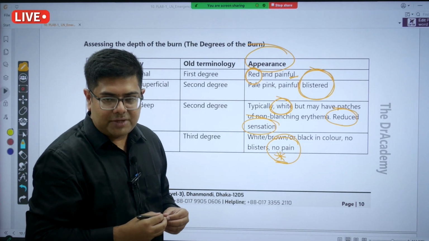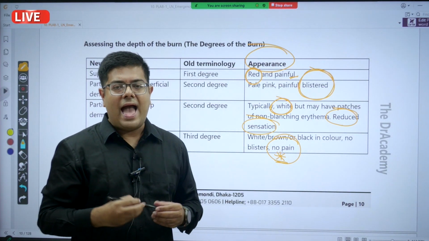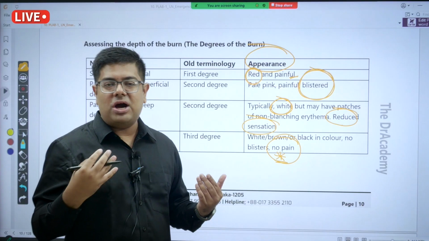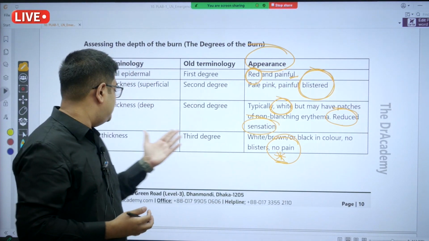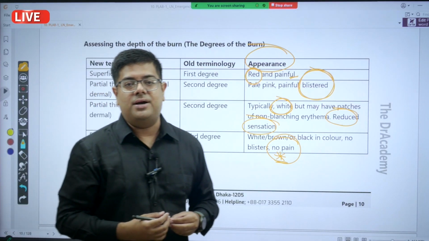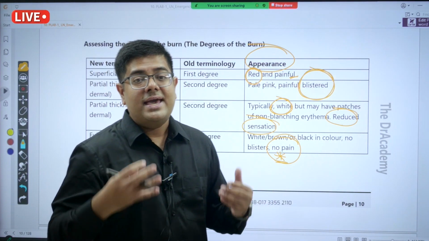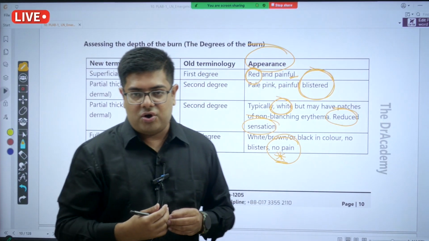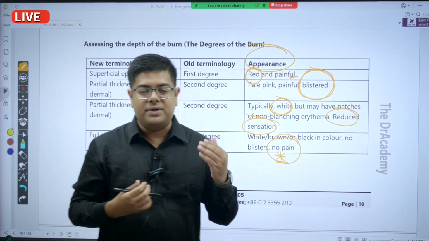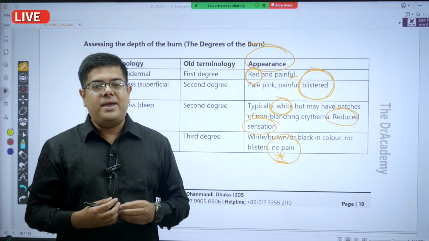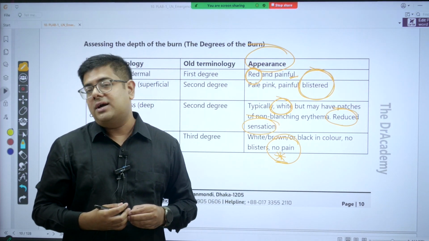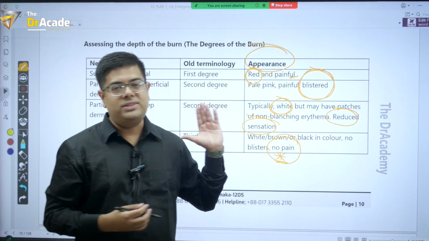A burnt person who has no pain, is not complaining of any pain, you will definitely be sure that this is full thickness burn. Why is there no pain? Because his nerves are also involved, deep layer of skin involved, nerves involved. How is he supposed to have pain where his nerves are burnt, nerves are damaged? No pain means full thickness burn.